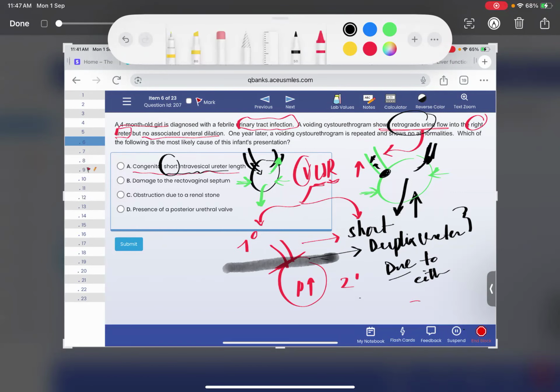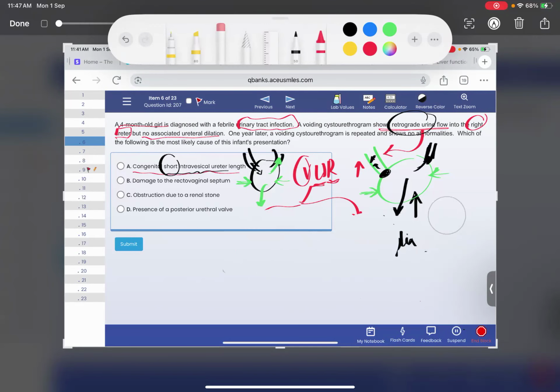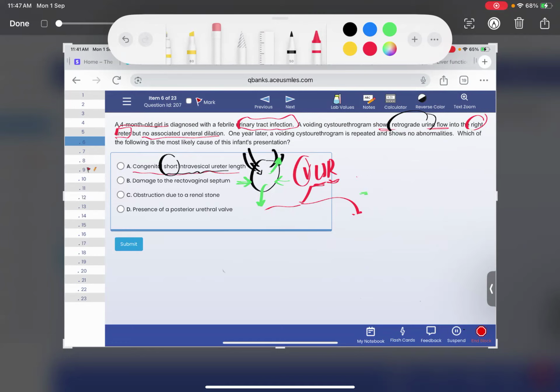What other condition would cause vesicoureteric reflux? The one reason we have in our options is this one. What other conditions? I've told you duplex ureters. They are also not correctly placed, and these are the primary.